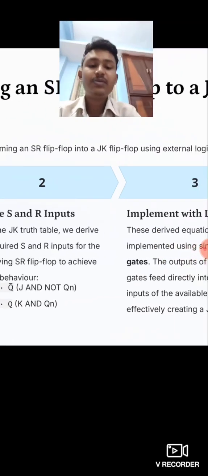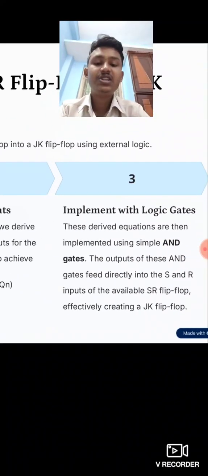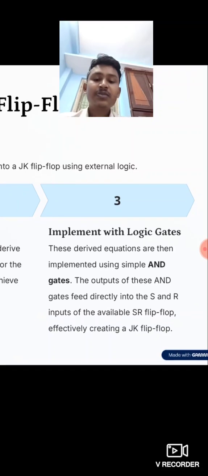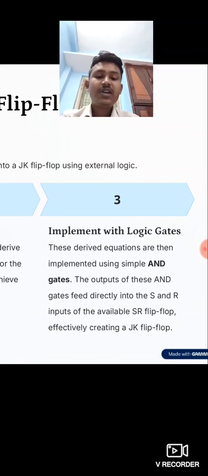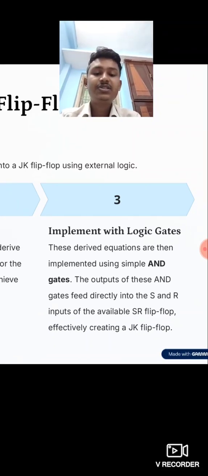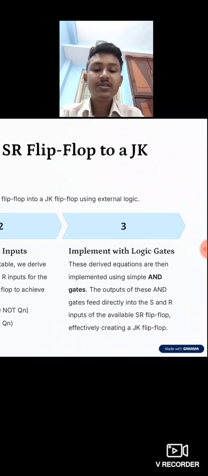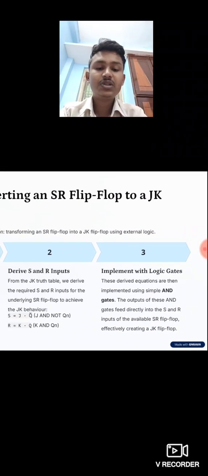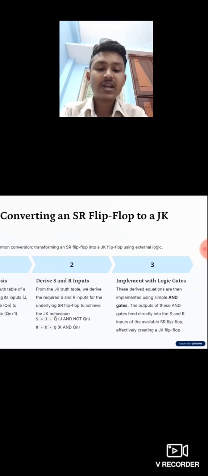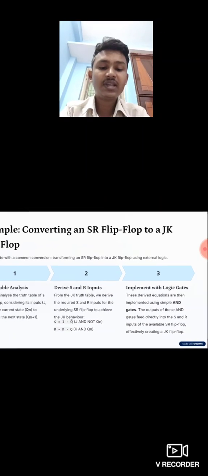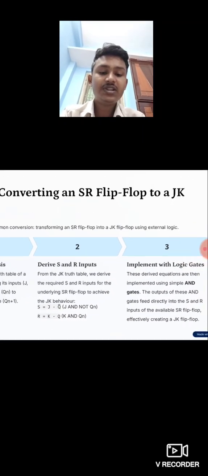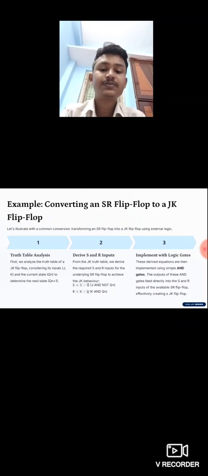Now, implementing with logic gates. These derived equations are implemented using simple AND gates. The outputs of these AND gates feed directly into the S and R inputs of the available SR flip-flop, effectively creating a JK flip-flop.